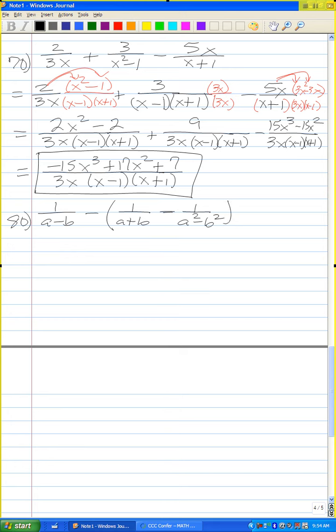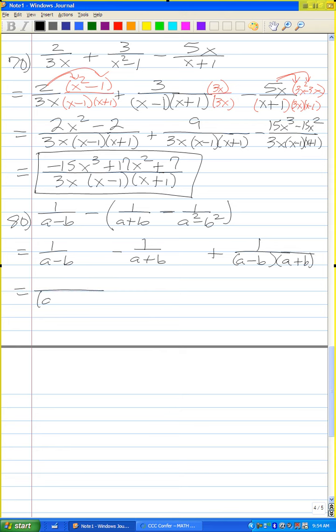So I have here a minus outside the parentheses. So let me change all the signs inside the parentheses. So this becomes 1 over a minus b, minus 1 over a plus b. Minus and minus become a plus 1 over a squared minus b squared, which I can factor as the difference of squares. So I can write this as a minus b times a plus b.